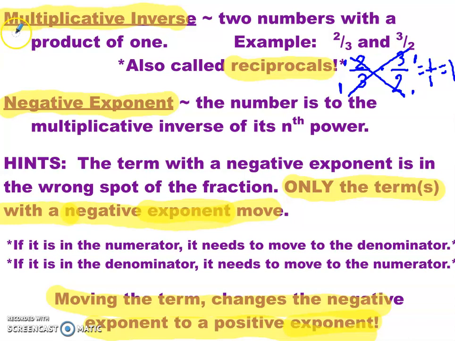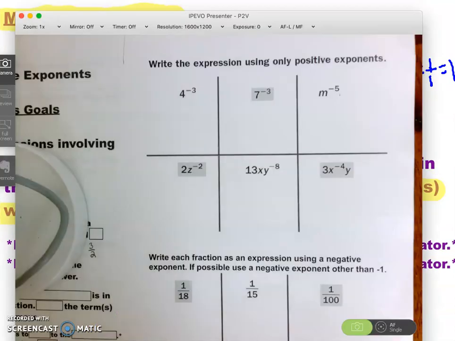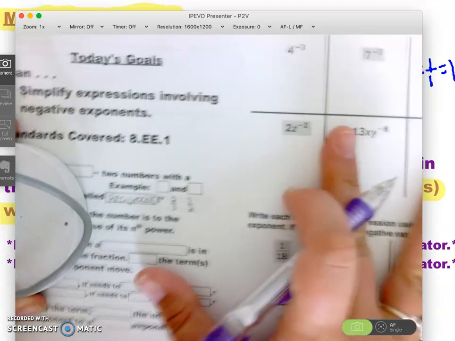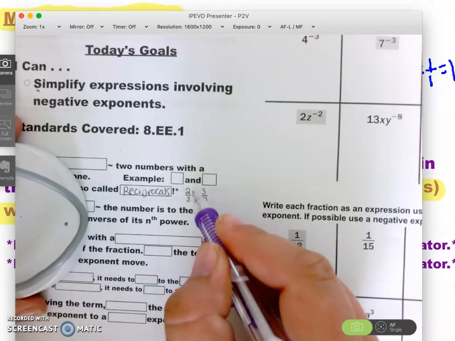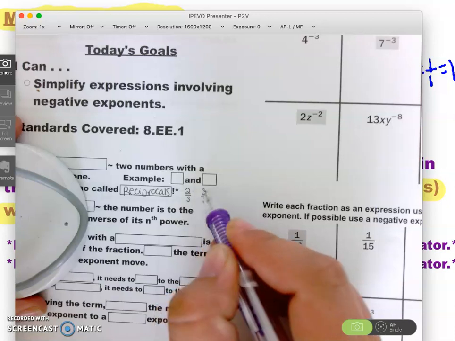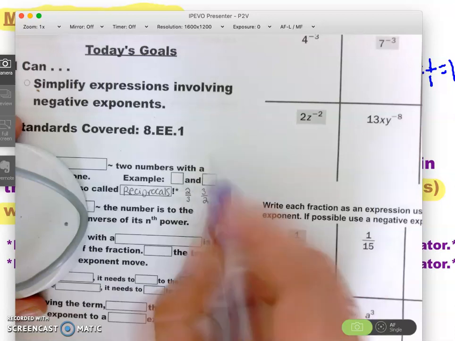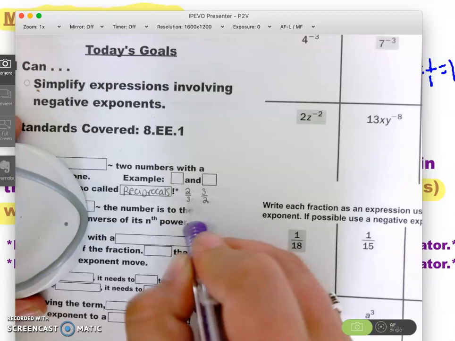So the first thing we want to do is define some of these things. Multiplicative inverse: that means there are two numbers with a product of 1. They're also called reciprocals. Say 2/3 is a fraction. If I flip it over, it's 3/2. This is the reciprocal.